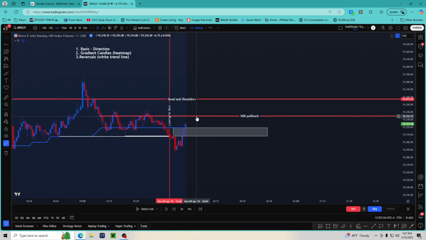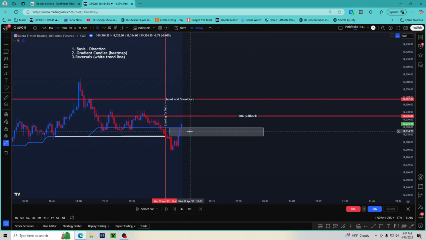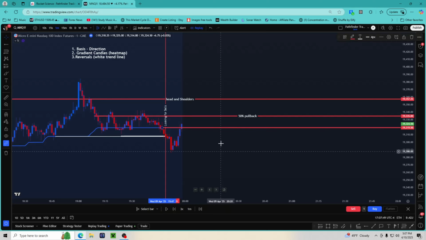Now let's watch and see which of these three does the market come back from. Does it go from our basis? Does it go from the 50% pullback or from the head and shoulders? Let's press play and watch. And right here.